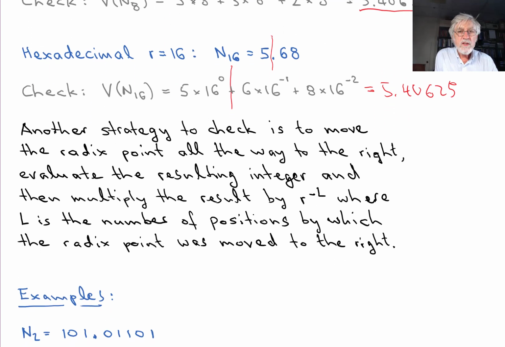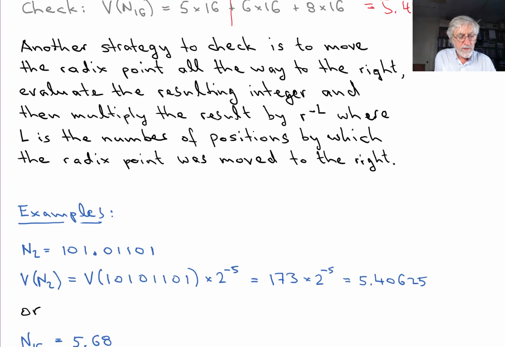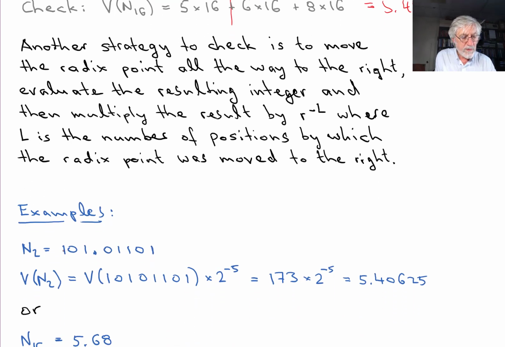There's another strategy to check such numbers with a fractional part, and that is to actually move the radix point to the right. So if we have the binary number that we had before, the 101, the radix point, 01110 01101, we can move the radix point over here.